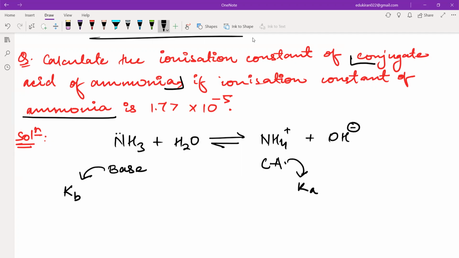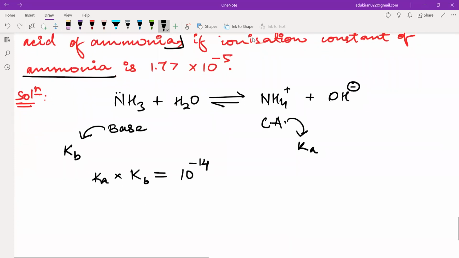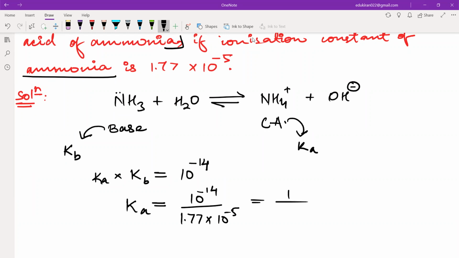Since they are an acid-base pair, Ka into Kb is equal to 10 to the power minus 14. So Ka will be equal to 10 to the power minus 14 divided by 1.77 into 10 to the power minus 5, which is 1 upon 1.77 into 10 to the power minus 9.